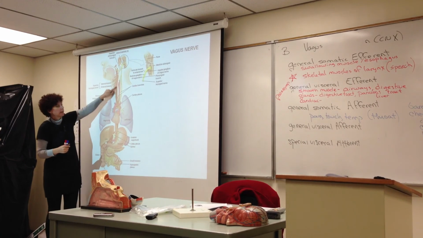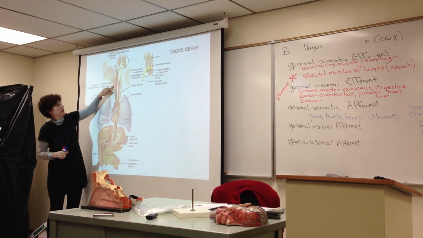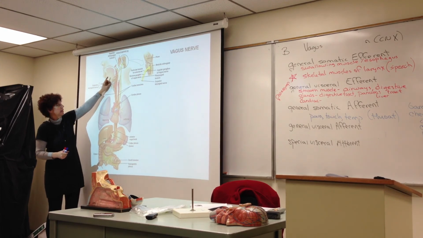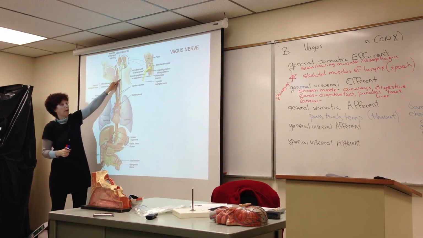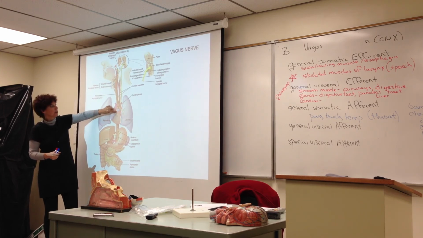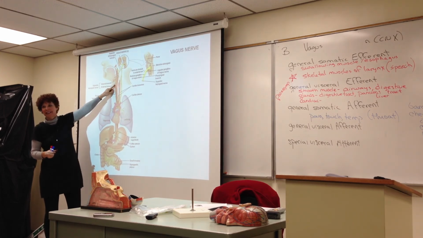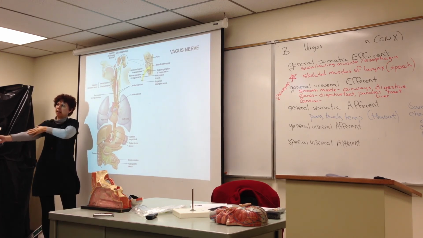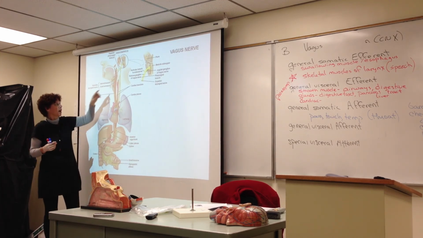So here's the voice box, or larynx, and nerves are going into it. But most of the muscles are actually innervated by a nerve that comes all the way down the neck, into your chest, and then goes back up to the voice box. On the right side of your body, it goes around the artery that goes into your upper extremity.